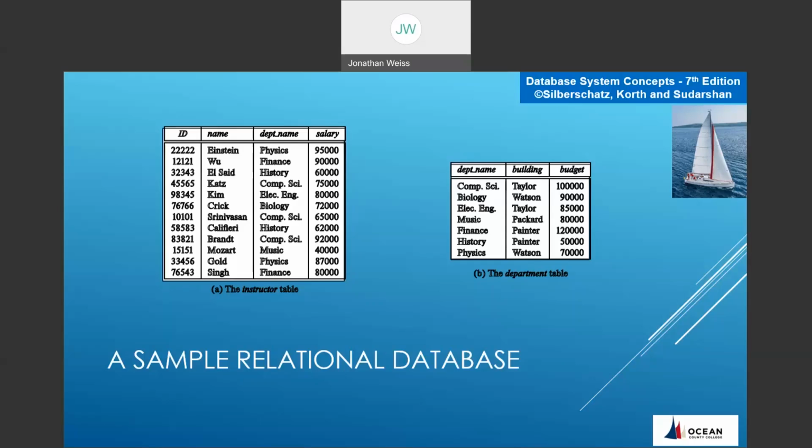Everybody good with that? So I can match up the department names, put these tables back together, and do a little calculation to figure out how much of my budget I'm already spending on salaries for these instructors.